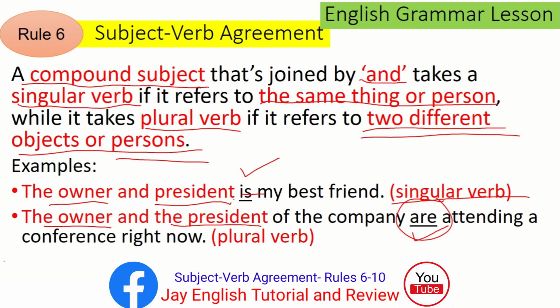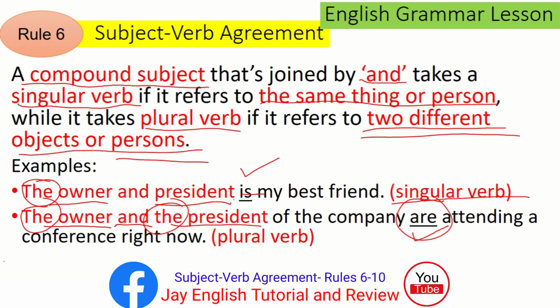And another difference is, if you can see, in our first example we have the article or the determiner "the" only once. In our second example, the article or the determiner "the" is repeated twice: the owner and the president. That is also our indicator that if we are using the conjunction "and" to mean two different objects or persons, we have to repeat the article or the determiner that we are using.